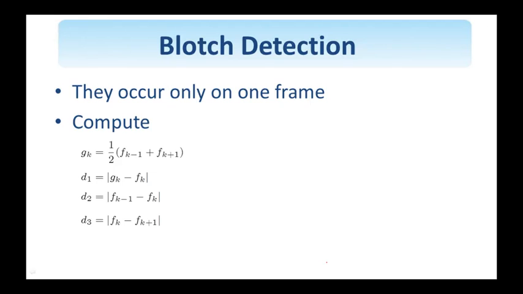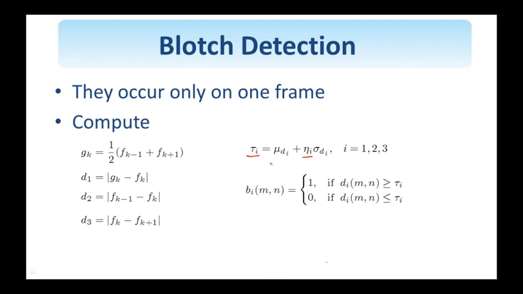For each of these differences, the mean mu and the variance sigma squared are found, and based on these, thresholds tau of i are estimated, which are based on the parameter eta of i. Eta of i is an integer and controls the number of pixels which are classified as an artifact. The higher its value, the fewer pixels will be classified as an anomaly. Once these thresholds have been found, a binary mask is obtained according to this formula.